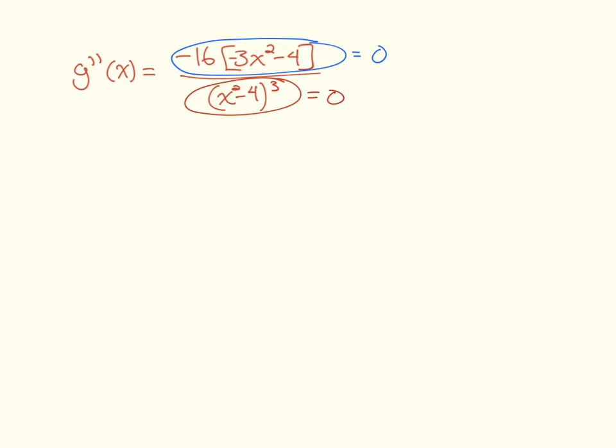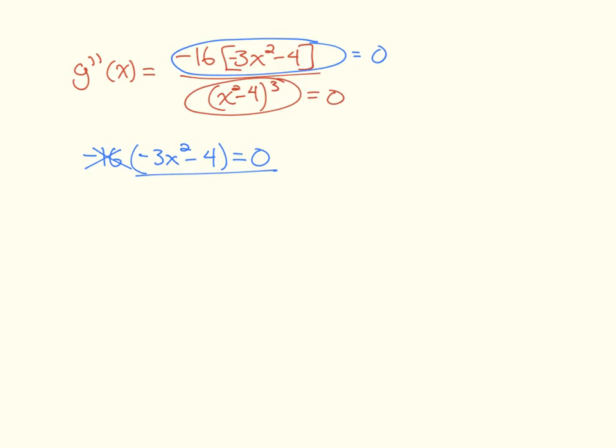When the numerator is set to 0, we can solve for x by setting each expression with an x equal to 0. So clearly negative 16 will never equal 0, so we can just solve this equation right here, negative 3x squared minus 4 equals 0.